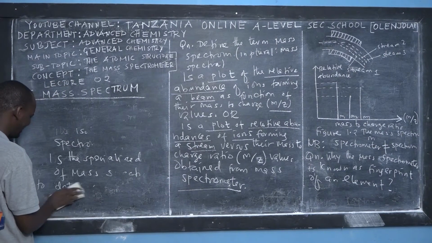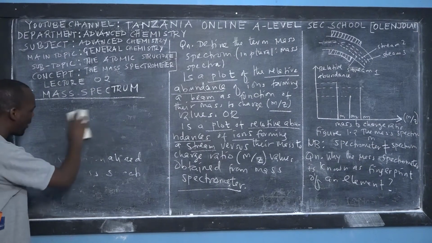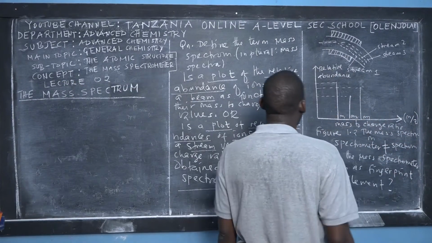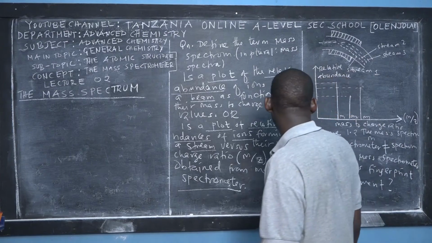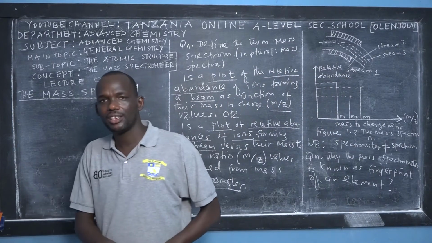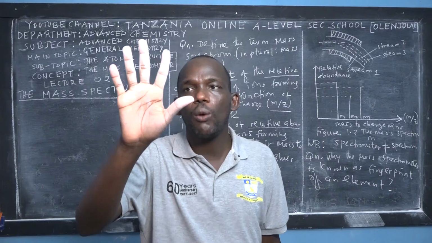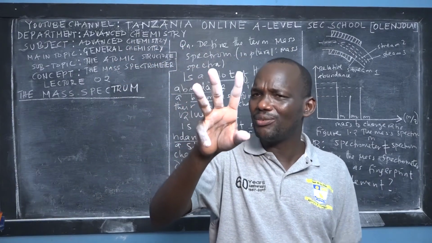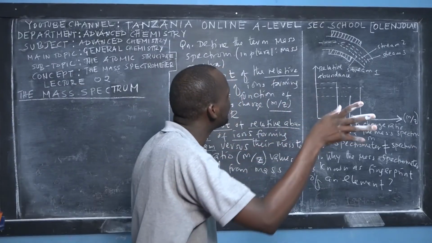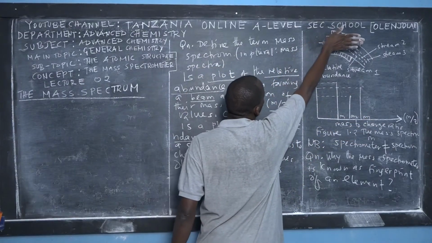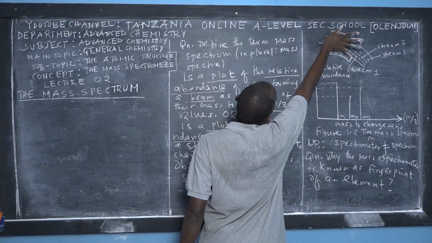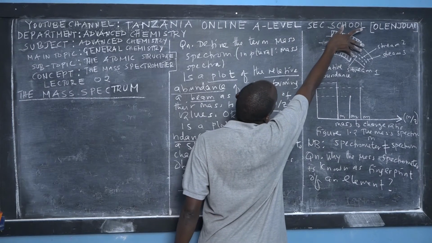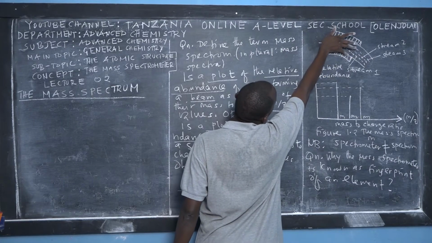Why do you think the mass spectrometer, the one I told you about in lecture 1 and gave you all the details, is called a fingerprint? You know fingerprints are like this, right? The response is very simple. Suppose this is the palm of your hand, and you have stream 1, stream 2, stream 3. So you have 3 streams for an element which has 3 isotopes.